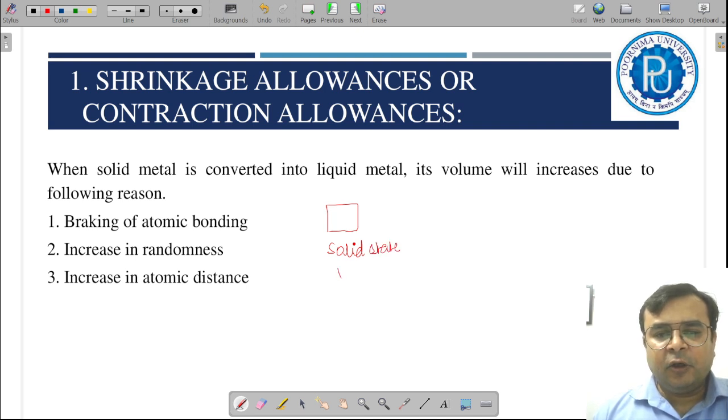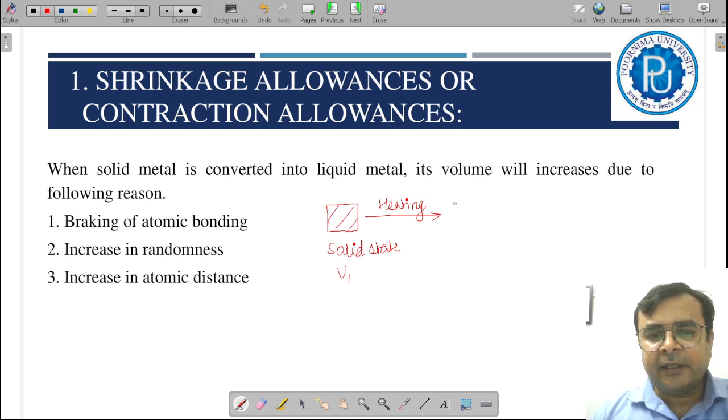Suppose its initial volume is V1. Now if we heat this metal for melting purposes, then this solid metal will be converted into liquid metal.